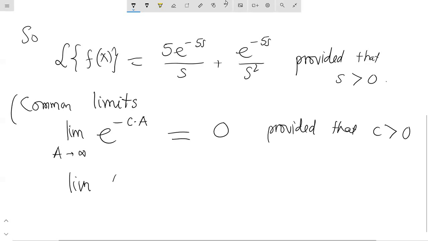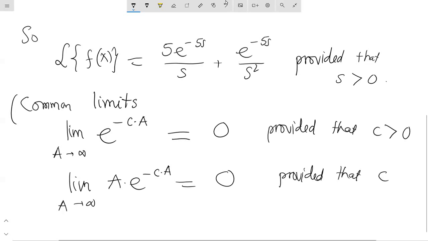And also, if we have a times e to the minus c times a, then we have the form infinity times 0. But after using L'Hopital's rule like we did in the example, the limit is also 0, again provided that c is positive.